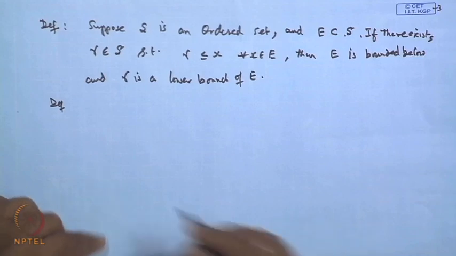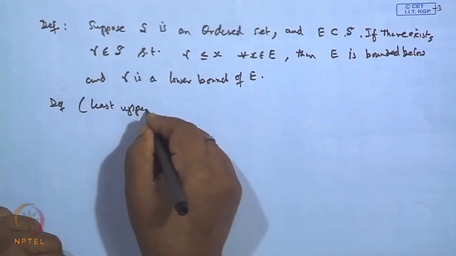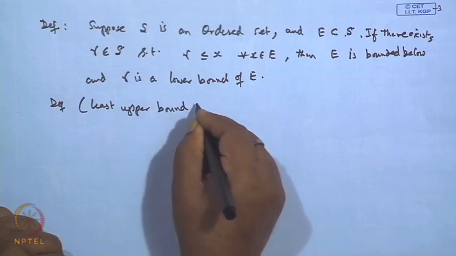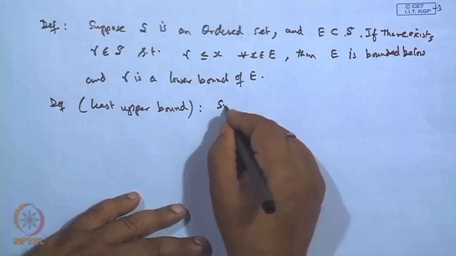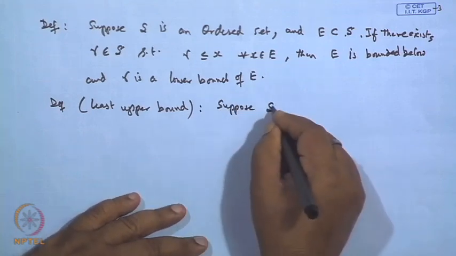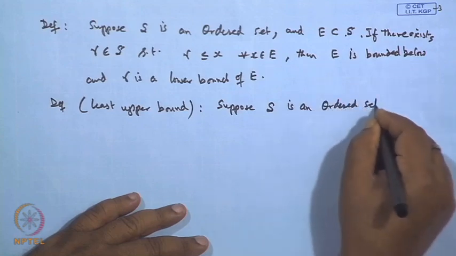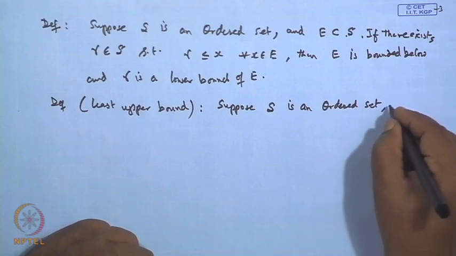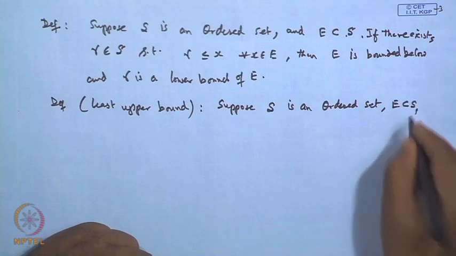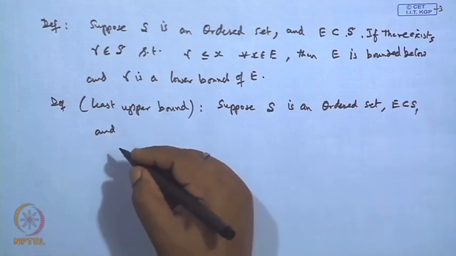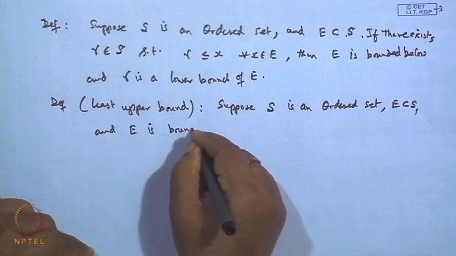This is the concept of least upper bound. Suppose S is an ordered set and E is a non-empty subset of S, and also assume E is bounded above.